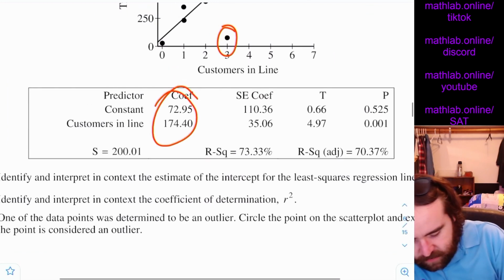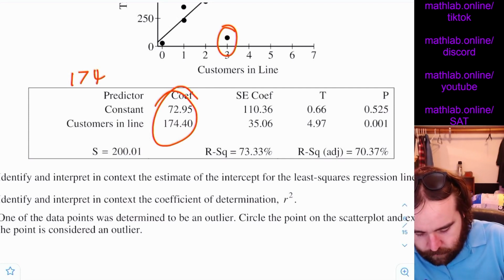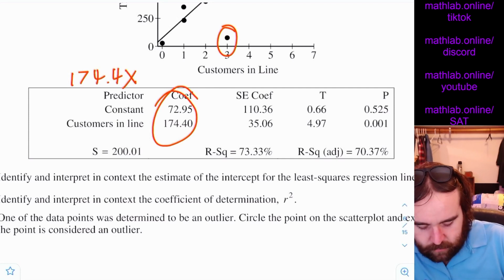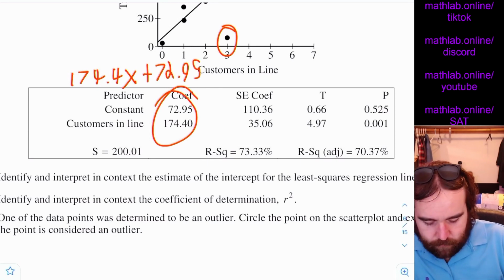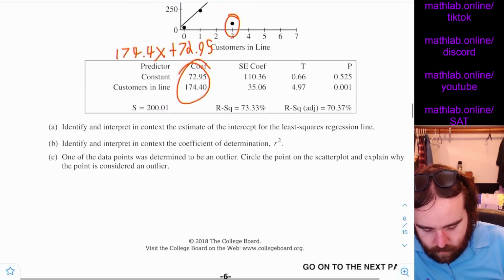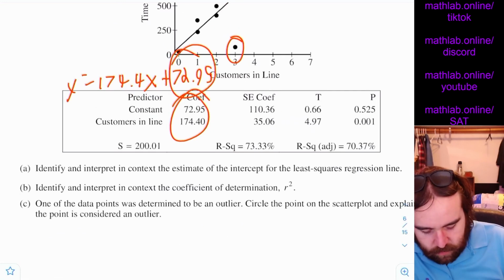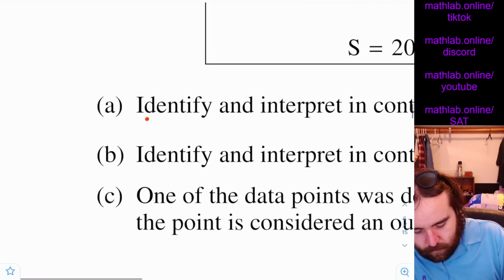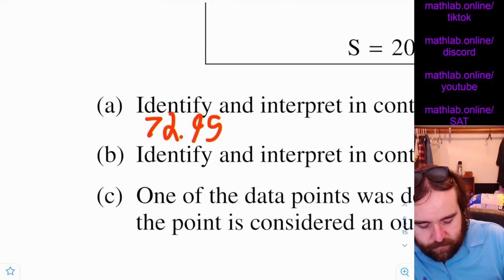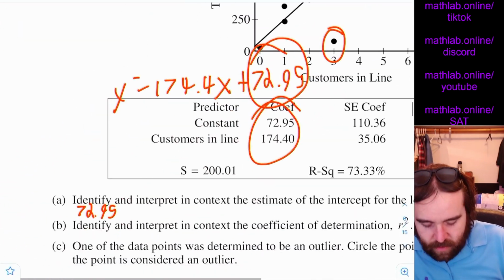So this is telling us our equation is 174.4 x plus 72.95. So y equals mx plus b, of course. This is our y-intercept. So the y-intercept is 72.95 in context seconds.